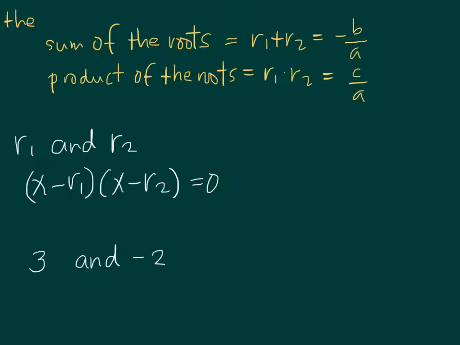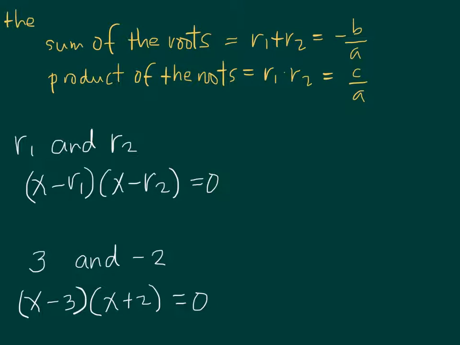Now looking back at a possible solution to this, we should see that x minus 3 times x plus 2 must be equal to 0 before you get the roots x equals 3 and x equals negative 2, right? So in the same way, even if I state it in a general manner, where r1 and r2 are any values for the roots, then x minus r1 times x minus r2 must be equal to 0.